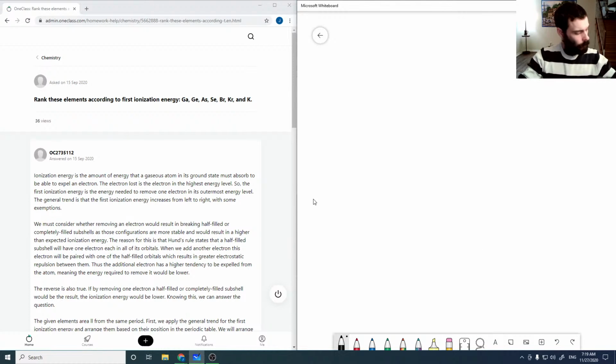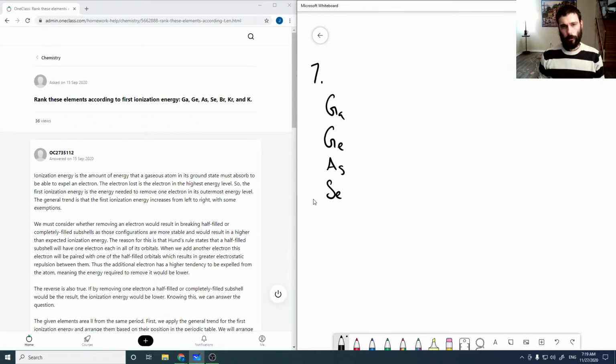Okay, so it wants us to rank these elements according to their first ionization energy. And I'm just going to write them down this way, and I'm going to write out their valence configurations.